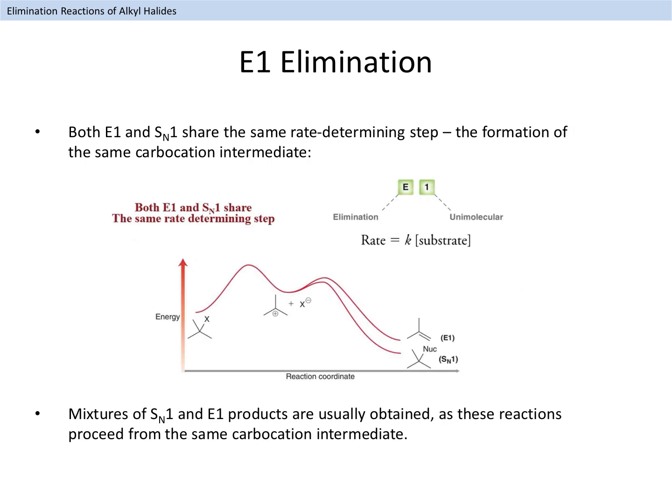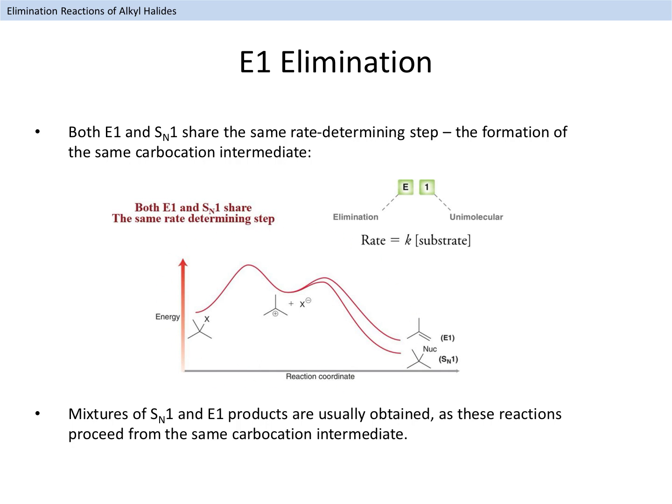Both E1 and SN1 reactions diverge from a common intermediate, which is generated in the first step of both mechanisms. As a consequence of this, reactions that proceed by an E1 mechanism are often accompanied by SN1 products, and vice versa. On the slide, you can see an energy diagram illustrating this process.